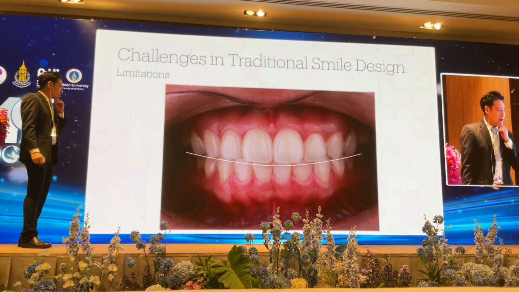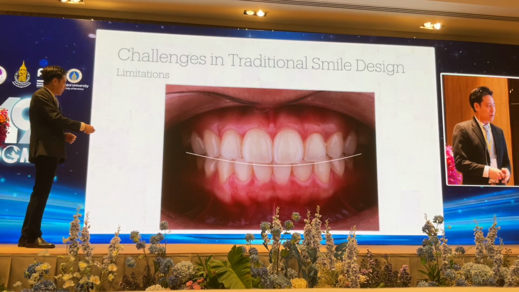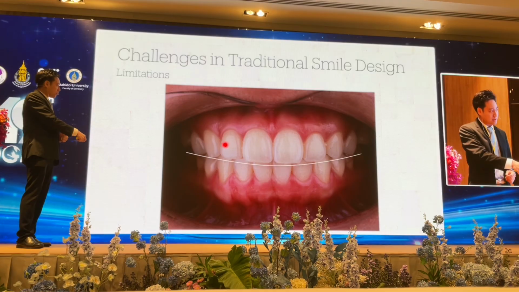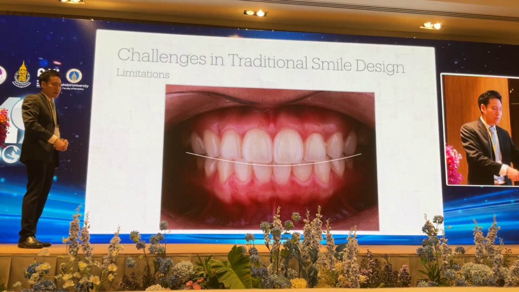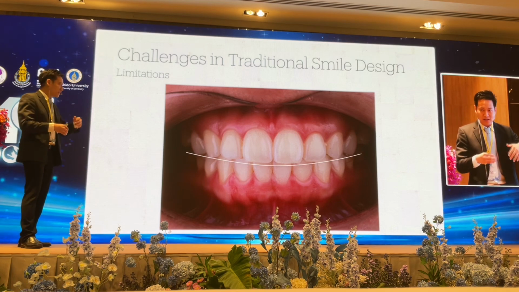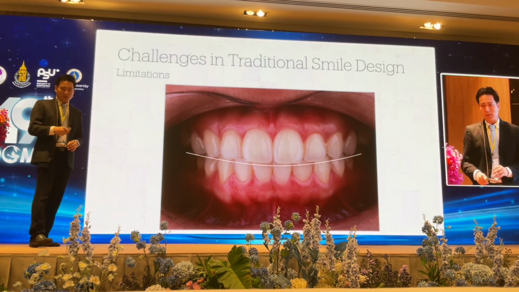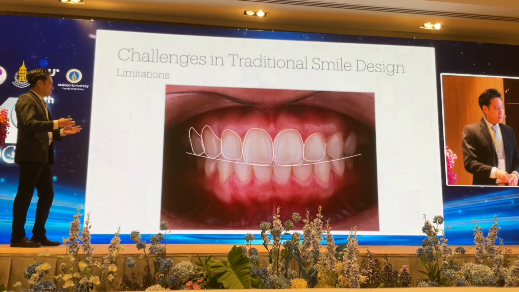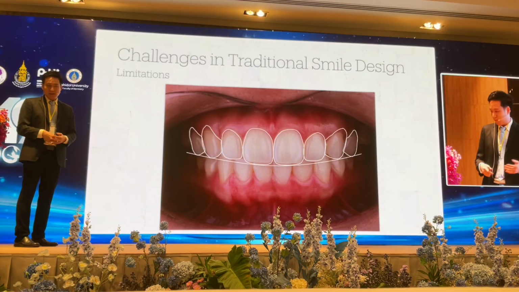The smile line is very close to what we want. It may be just at quadrant 1. Here, the lateral incisor is almost edge to edge. You may need to rotate it, correct the shape, and correct the proportion a little bit. So we decide according to the information we have and send it to the lab.